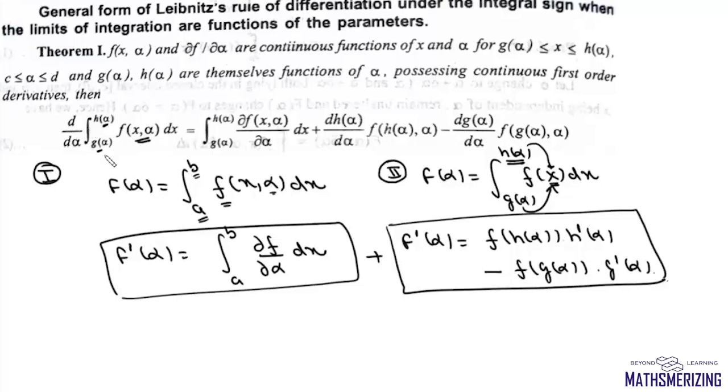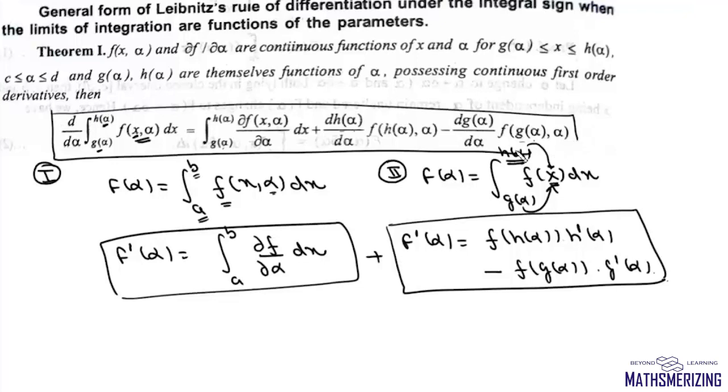If we differentiate, we get the first form, where the limits are the same, with the partial derivative of the function with respect to alpha dx, and then plus this form: substitute x with the upper limit into h dash alpha minus f(g(alpha)) into g dash alpha. So this is the general form of Leibniz rule of differentiation under the integral sign when the limits of integration are functions of the parameter.